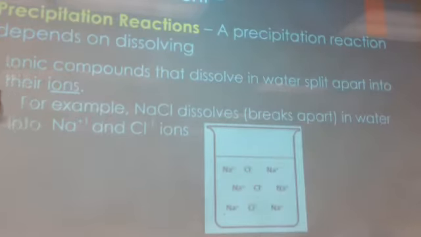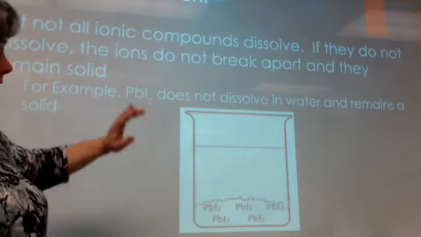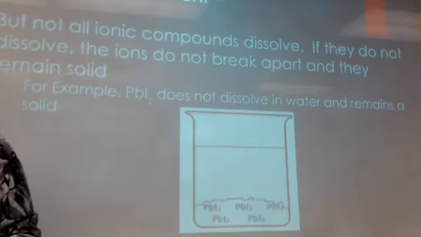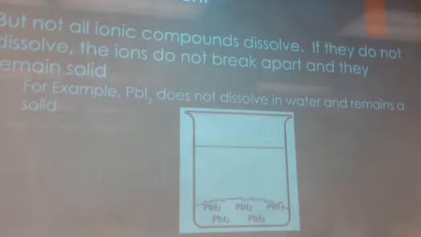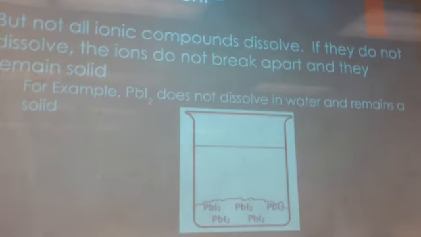But not all ionic compounds can dissolve. So for example, if you were to put PbI2, also an ionic compound, in water, it would not dissolve. It would remain a solid. And so when we go through these reactions, as we mix up different ions, even though they may start as aqueous, if they combine with a new ion and form something that does not dissolve, we're going to see a solid form.